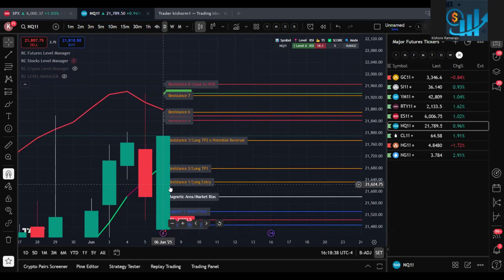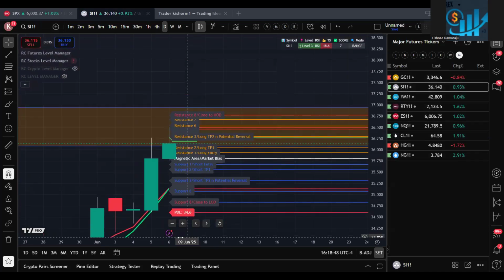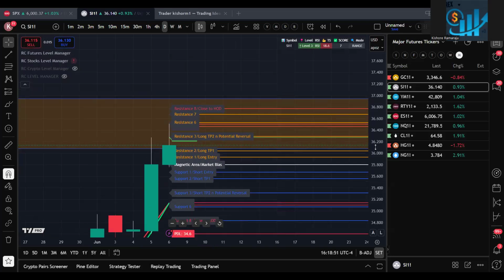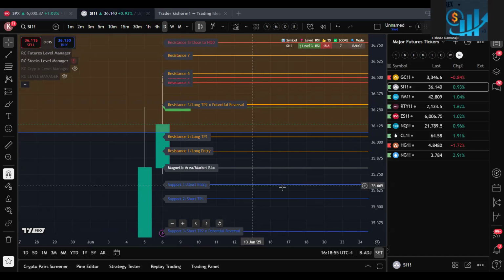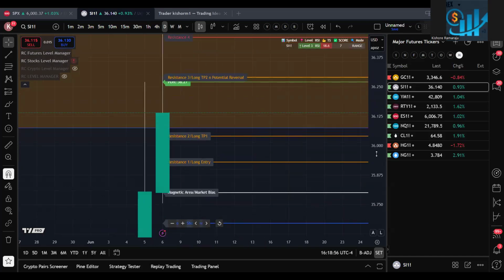But if the open and close are above the magnetic area, your chance of success will be much higher. That means for the complete day, for silver, buyers took the full control. They never allowed sellers to take the control and go further down. They had the control for most of the day.